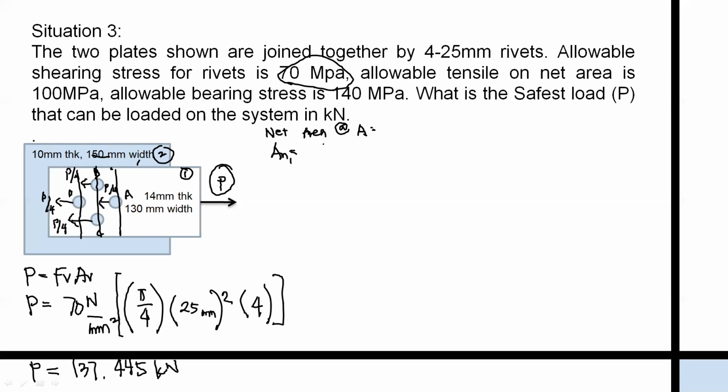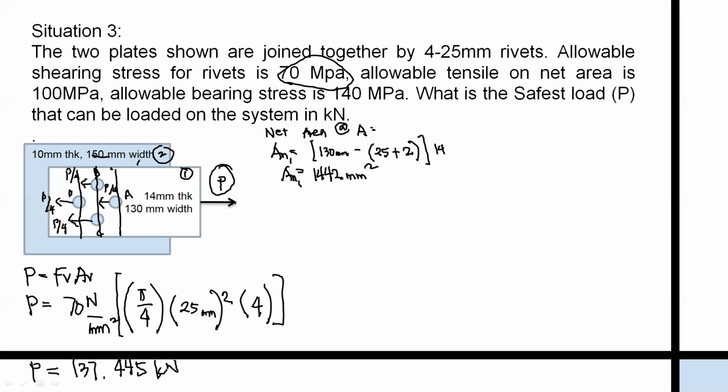Net area at A at plate 1. We have a width of 130 millimeter and we have 1 bolt there, which is 25 in diameter, so we add 2, and we multiply that by the thickness of 14. So the value of the net area at A at plate 1 would be 1,442 square millimeter.